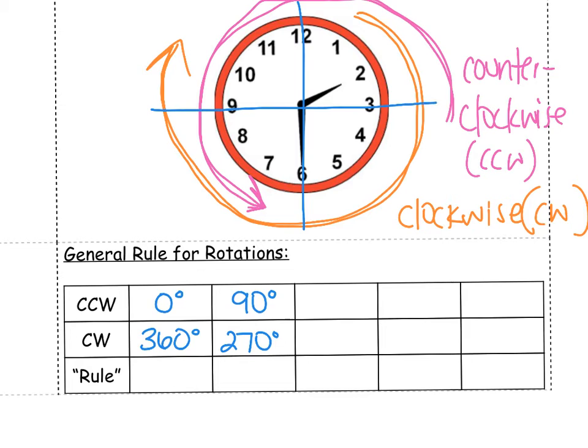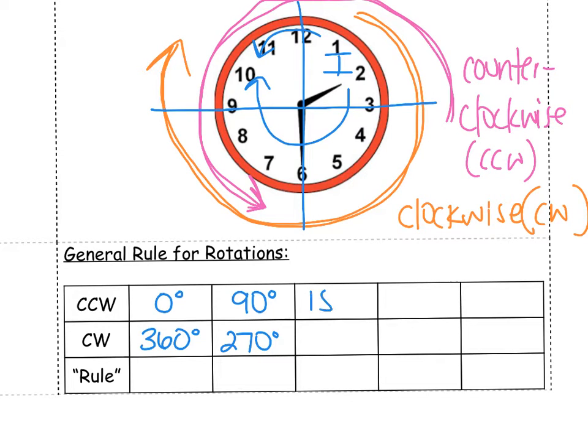So imagine this is our coordinate plane. And if we start in quadrant 1, how many quadrants around? 90 degrees counterclockwise would be 1 coordinate over. But if we went clockwise, it would turn 3 to get to the same spot.